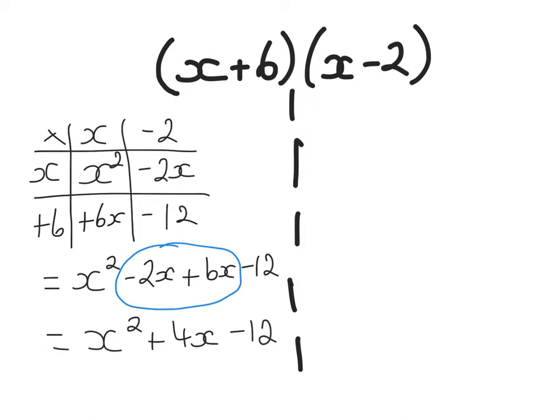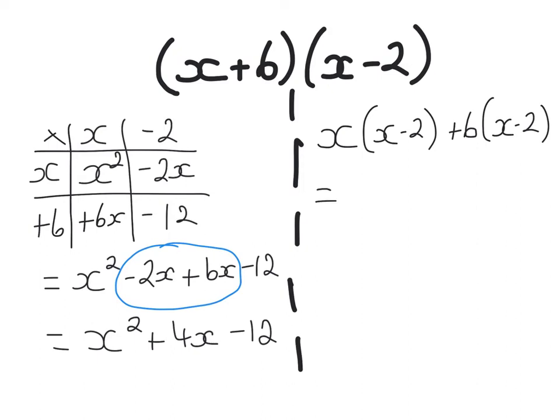The other method I said you could use is the second bracket twice method. So that's where we take the first term in the first bracket, which is x, and multiply it by the second bracket, then take the second term in the first bracket, and multiply it by the second bracket. And then we do our single bracket expansion.